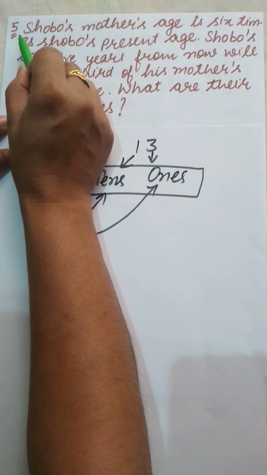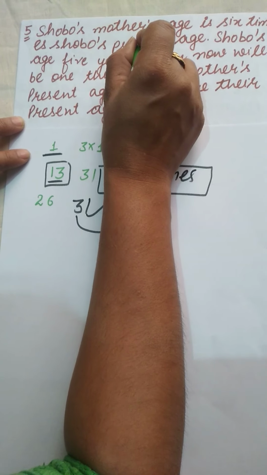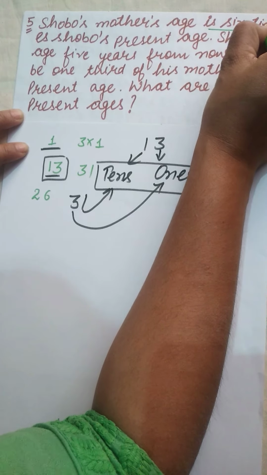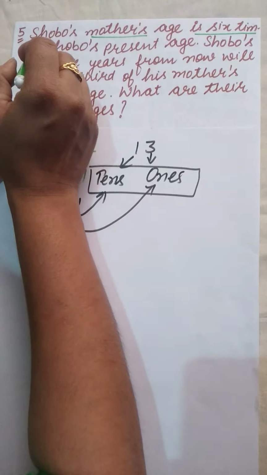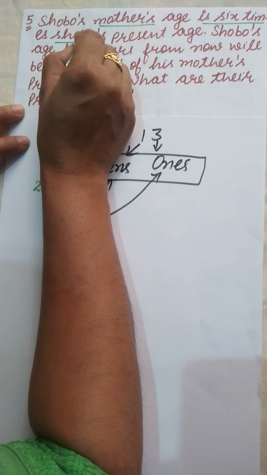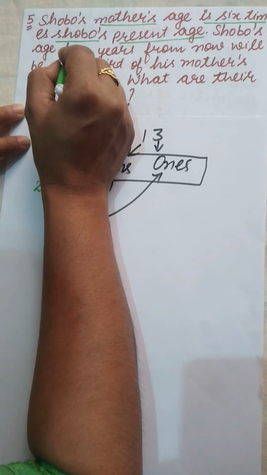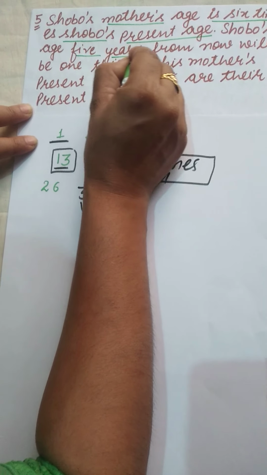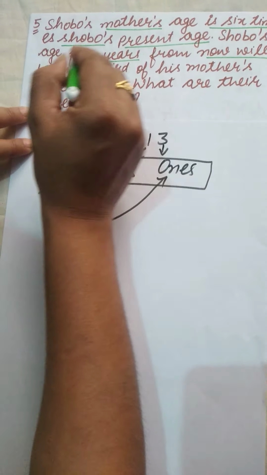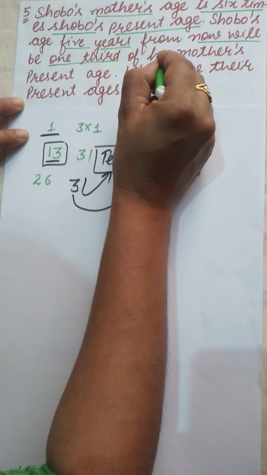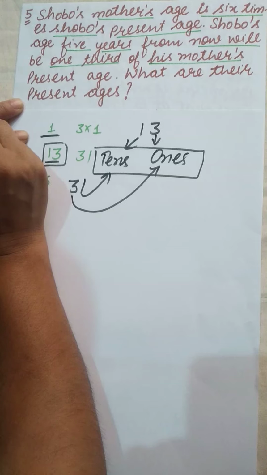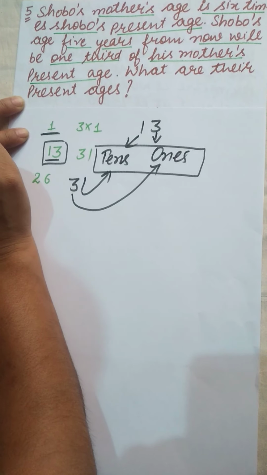Question number 5. Shobho's mother's age is 6 times Shobho's present age. Shobho's age 5 years from now will be 1/3 of his mother's present age.